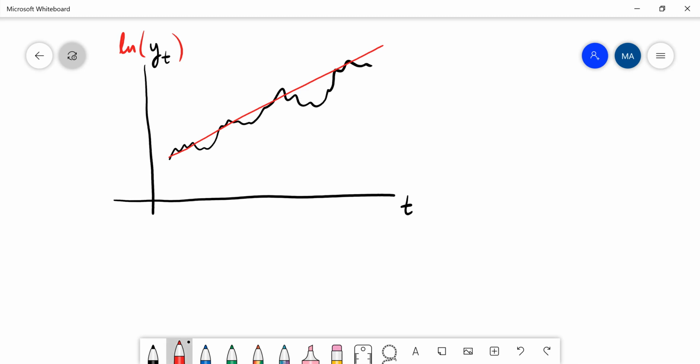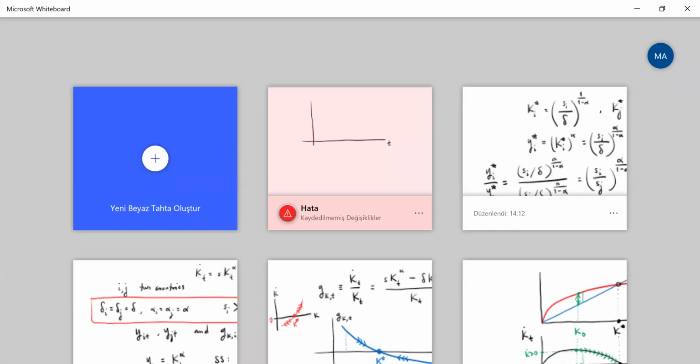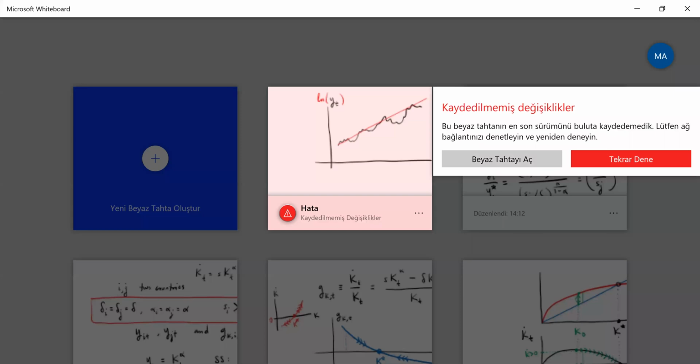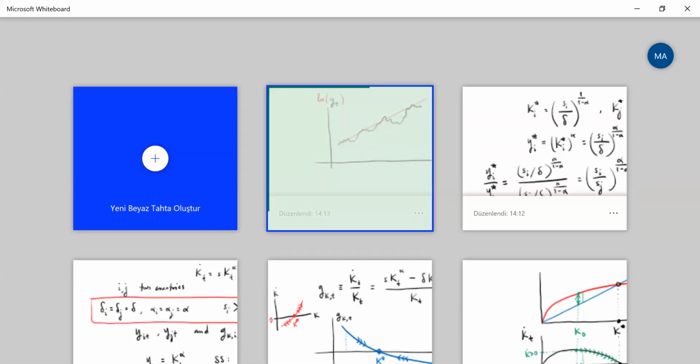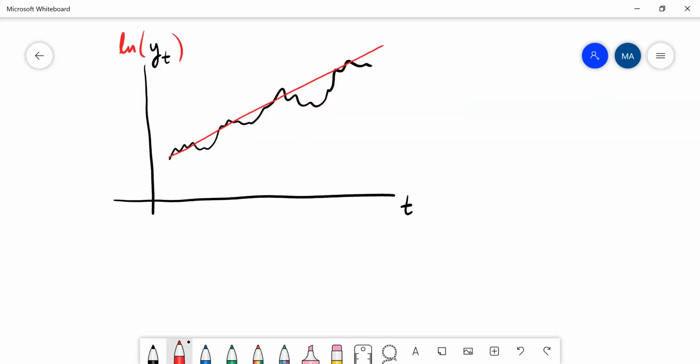So our model, by predicting that GDP is going to go to a constant, will predict that there's no growth. Okay, so if you want to actually draw it, you will have something like this from this model.